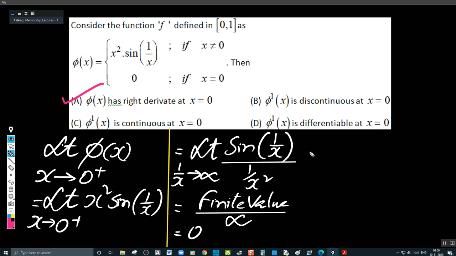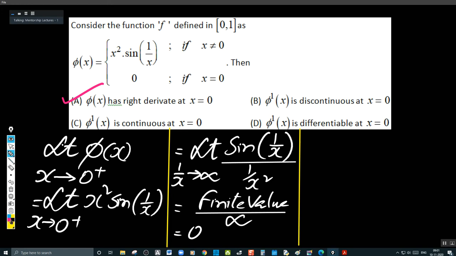Coming to phi dash x, please. Sir, A, C and D would be correct. Most of the problems with respect to differentiability can be solved by finding the derivative directly.